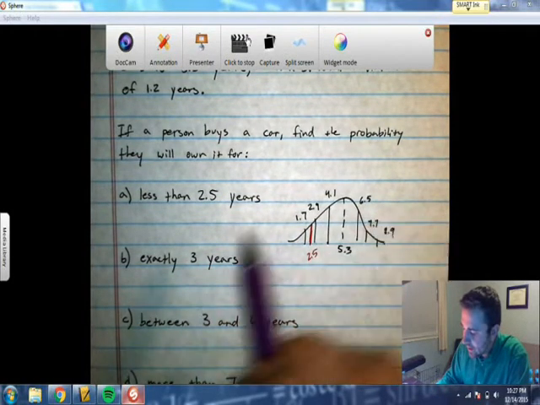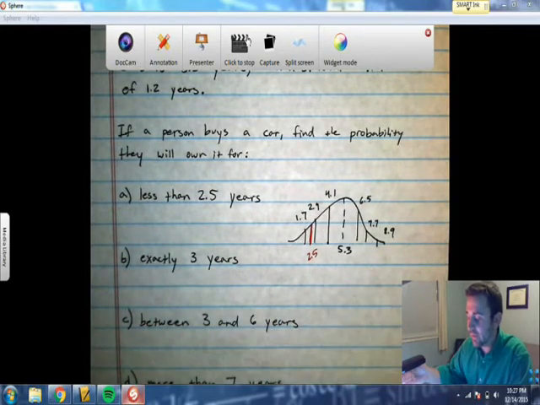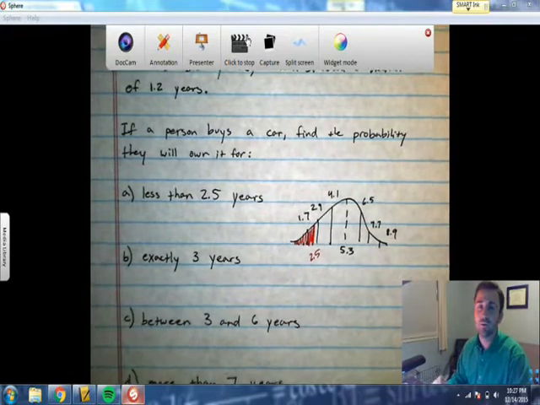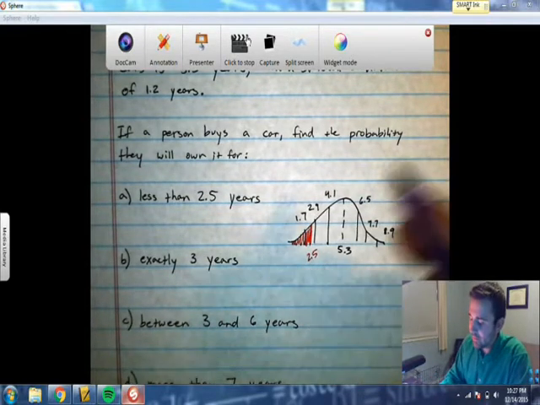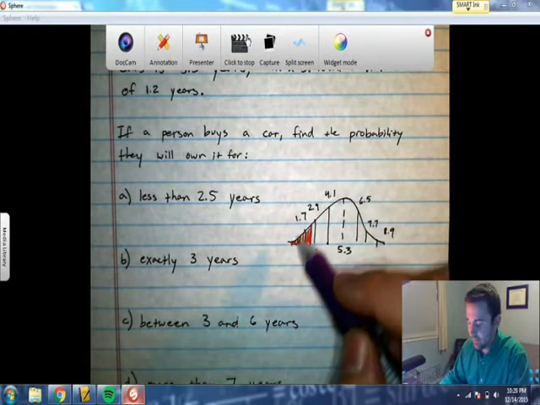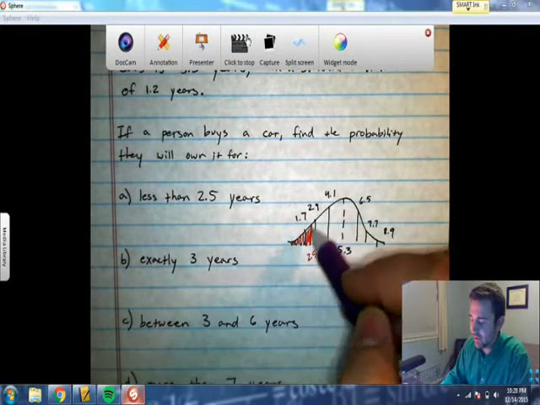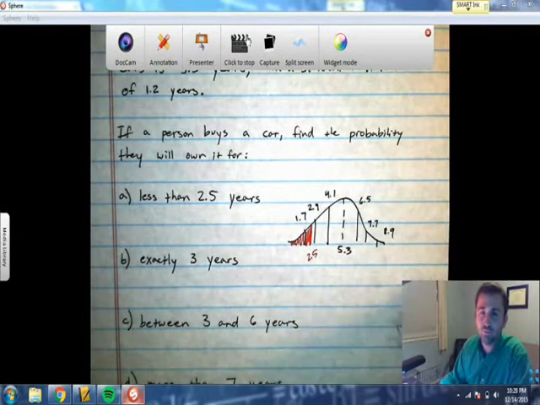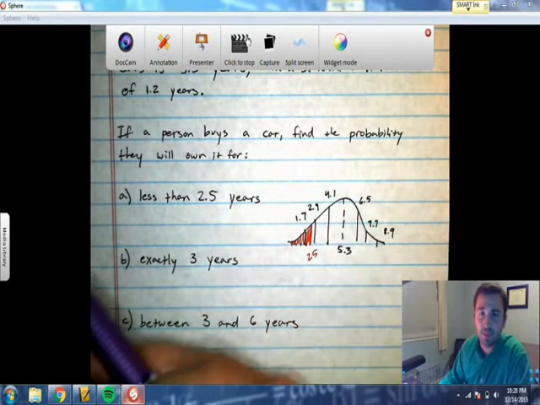If I want to find the probability less than, that's the area under the curve. My lower bound here is, if you think of it as a function, as x approaches negative infinity, y approaches 0.